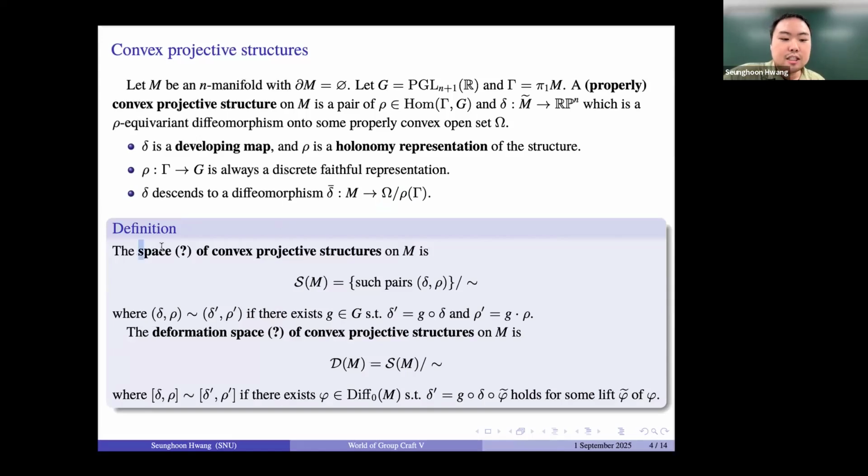So you can see the analogy between the definition of Teichmüller space and this version. We can now define the space. Here I have a question mark because I will not mention what kind of topology we endow this set with, but let's just say we have a space.